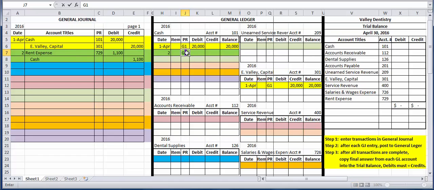So we're also posting from G1. This time, however, cash was a credit. So we're going to credit it for 1,100. So remember our rules. When it comes to figuring out if we have to add or subtract, if something has a debit balance and you debit it, a debit, you add.